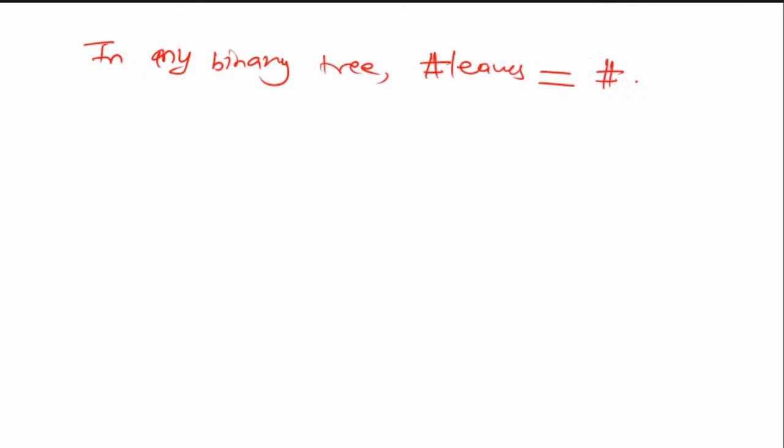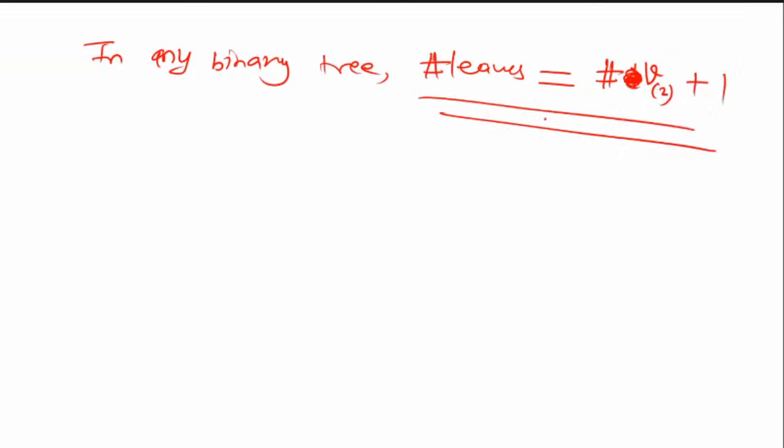He's saying that in any binary tree, the number of leaves is equal to the number of degree 2 vertices plus 1. So this is the result. In any binary tree, the number of leaf nodes will be equal to the number of degree 2 vertices plus 1.